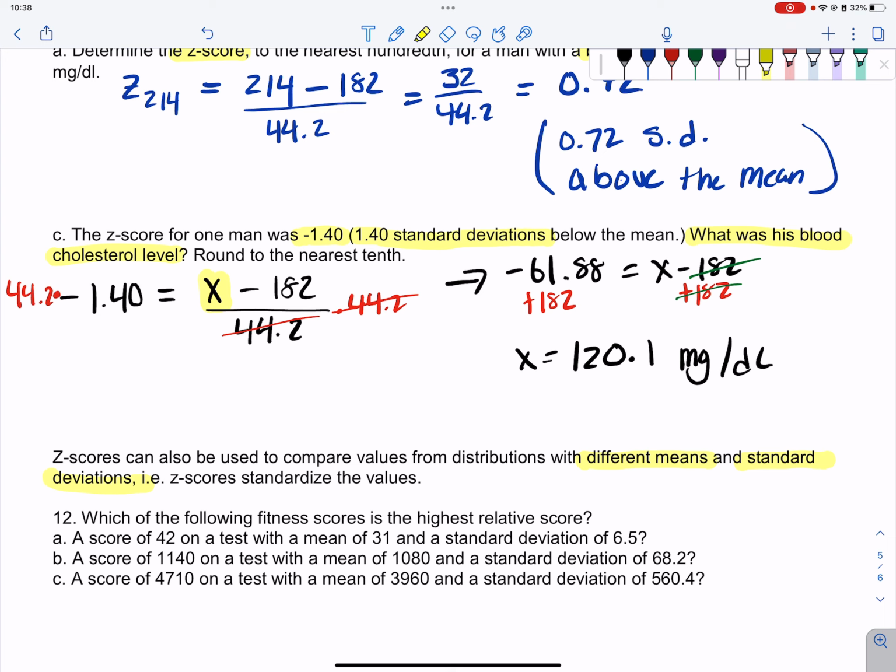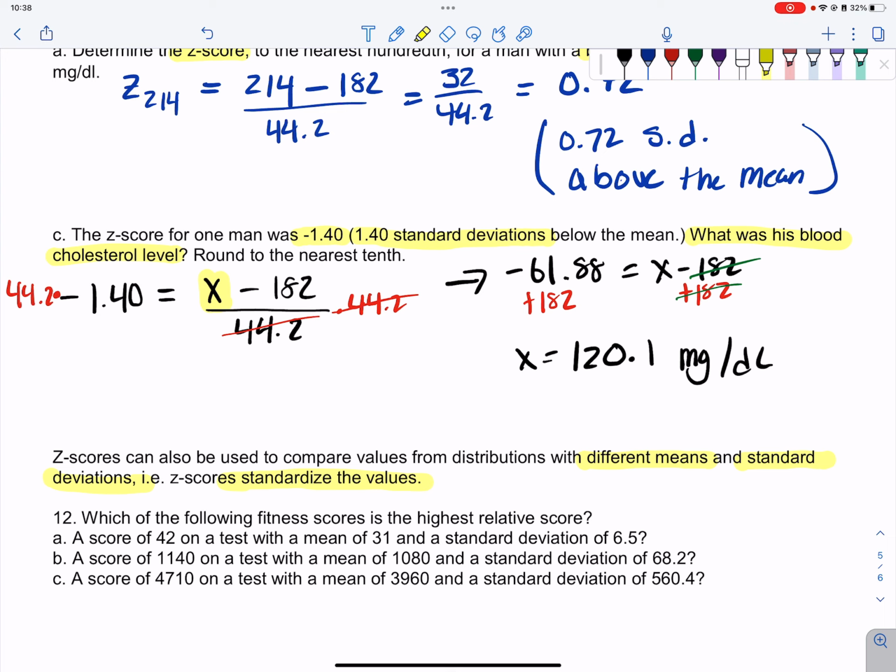And they also probably use different scales for evaluating what they were trying to look at the data for. So with the standard deviation, our means, and the z-scores, we can standardize the values to be able to compare things from other data sets.